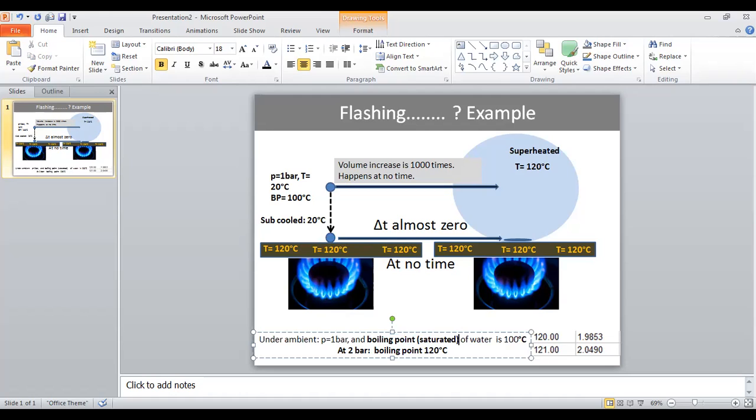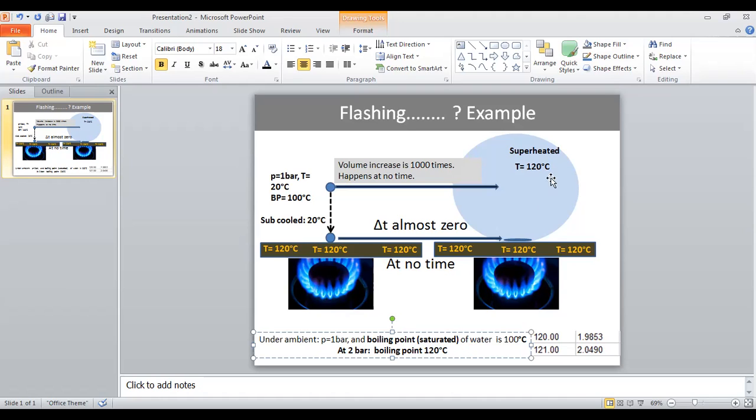Okay, so you have learned some key words as well: the subcooled, the superheated, the saturated, and also about the pressures.